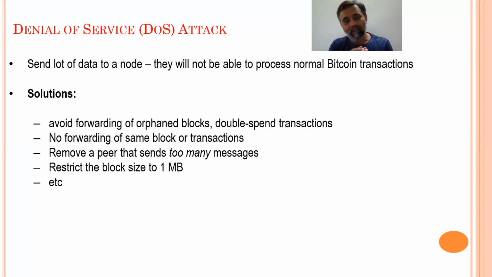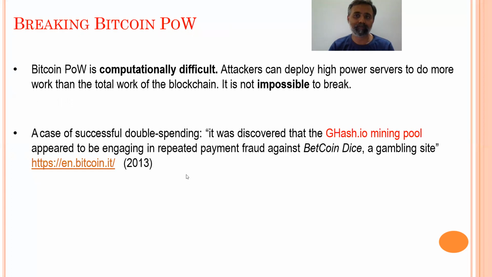If we increase the block size, then that computational power requirement will be reduced. So we have an advantage in having a large block size, but to avoid this type of attack, we suggest a lower block size.